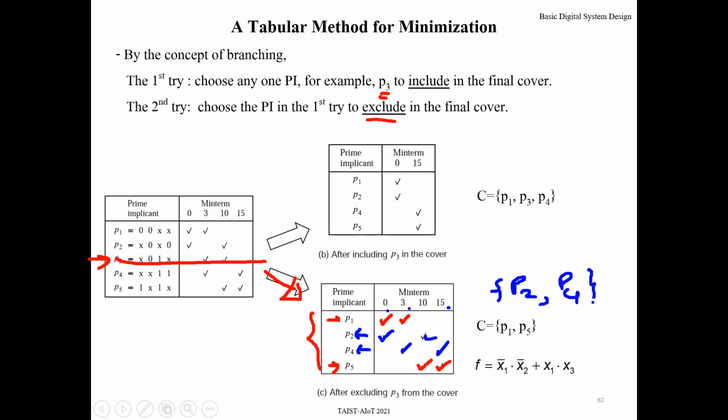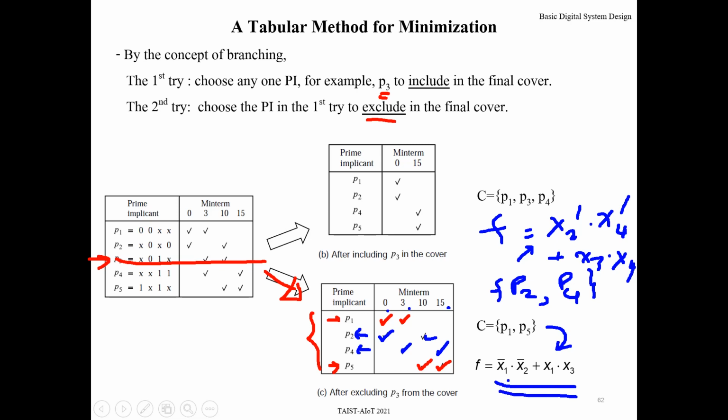Okay, for example, if you select P2 and P4, P2 is x0x0, so your function will be x2 prime and x4 prime, and P4 is xx11, plus x3 and x4. Okay, and if you select prime implicants P1 and P5, to implement the function, you obtain the result as this example.